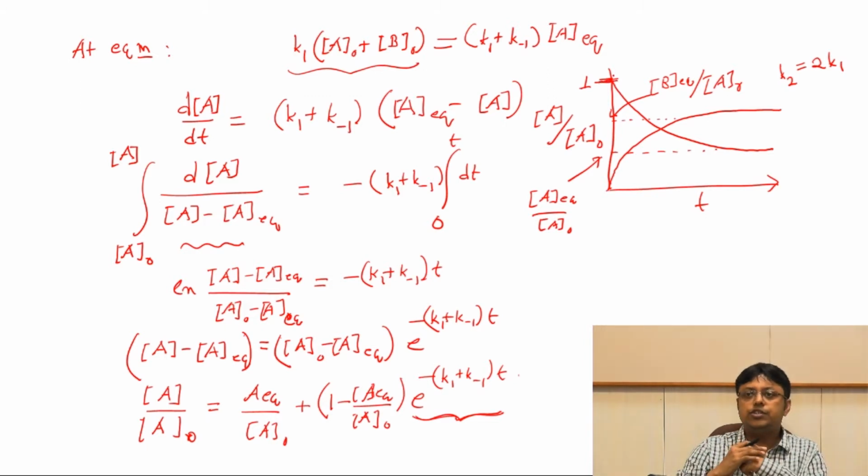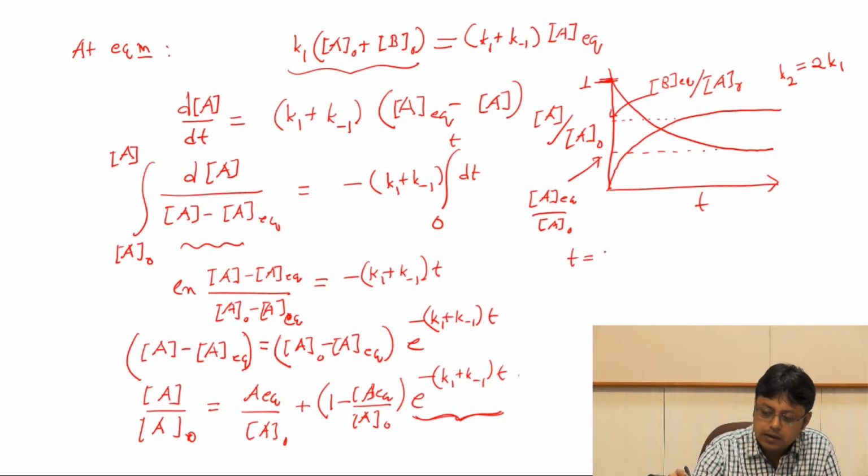So the initial concentration was 1, because we started with A only. So basically at time 0, the way we have written it, A is nothing but A0, and B is nothing but 0.